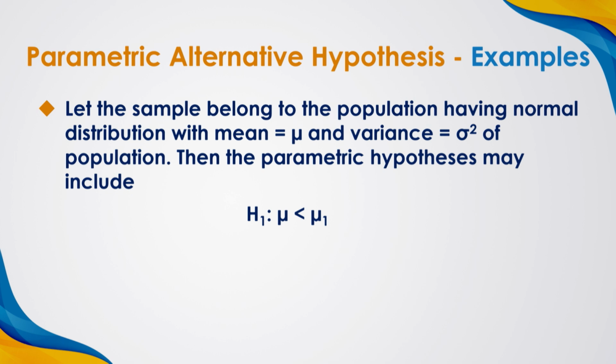So, mu is a parameter, but it is given as an alternative statement. Similarly, mu not equal to mu 1, sigma less than sigma 1, sigma not equal to sigma 1. These statements resemble the parametric alternative hypothesis. Why? Because there is a parameter as well as an alternative hypothesis.